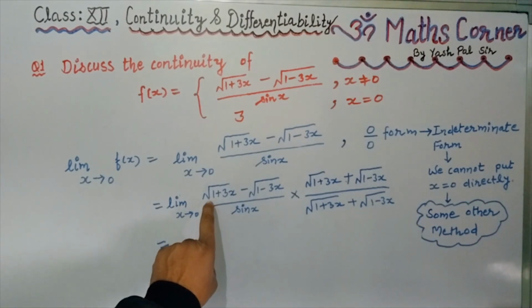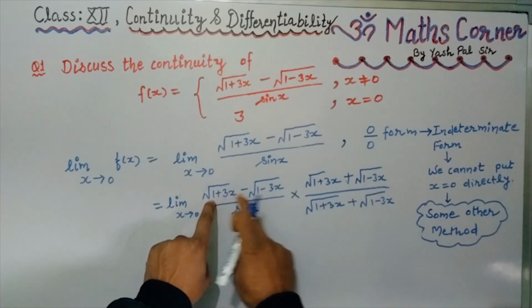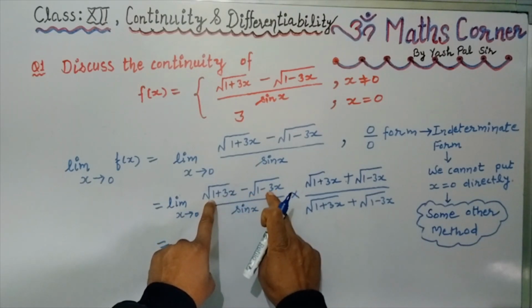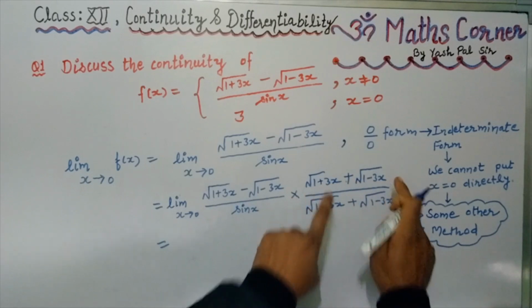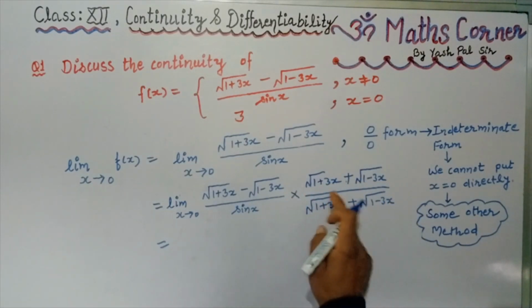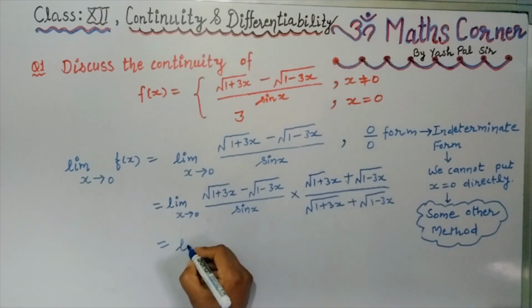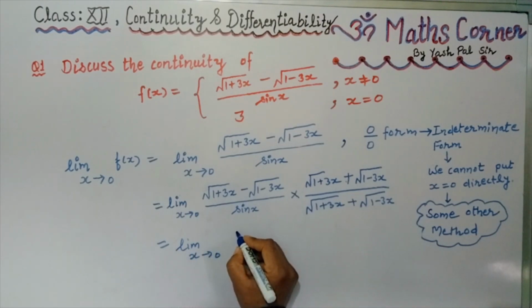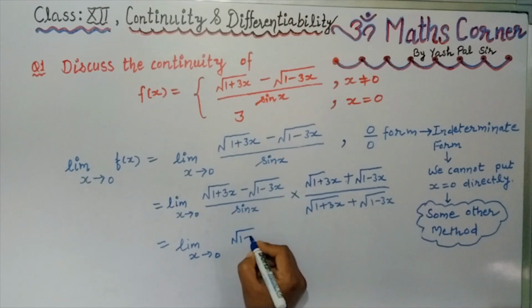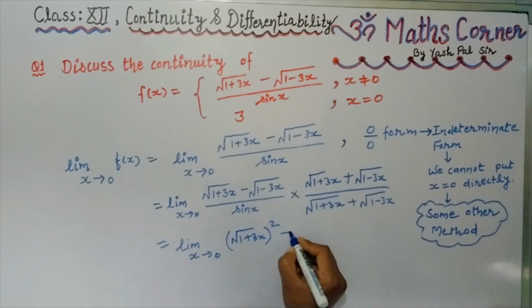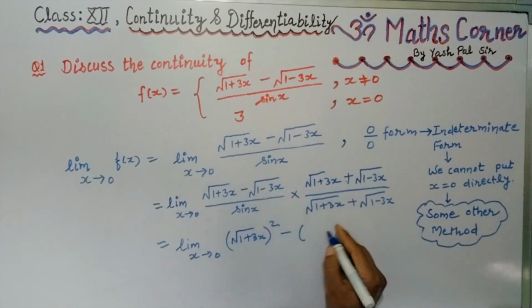By doing this way, what happens? Suppose this is a, this is b. A minus b into a plus b is equal to a square minus b square. So we also write here limit x approaches to 0. A is square root of 1 plus 3x, its whole square, minus b square.